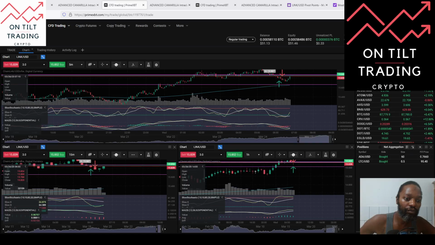The problem with CHAINLINK this morning, and the reason why I don't want to take it anymore, is because it broke out and formed this new high, so that would make this the strong low.